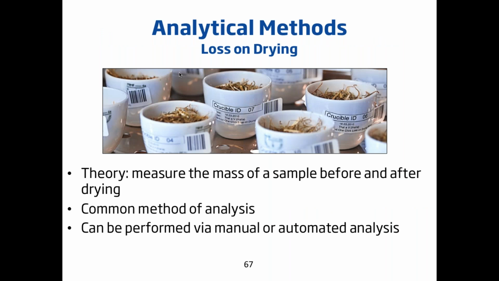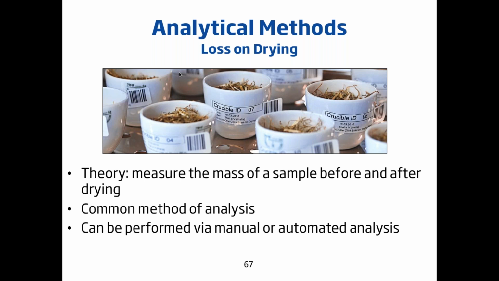One measurement technique that is used is called loss on drying. This basically takes your sample, you weigh it, you put it in an oven, typically for an extended period of time, 24 to 48 hours. The assumption is that the water is evaporated under that higher temperature, and then you weigh the sample again. That loss in mass is assumed to be water content.